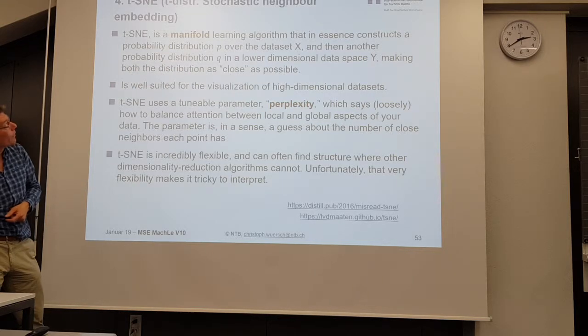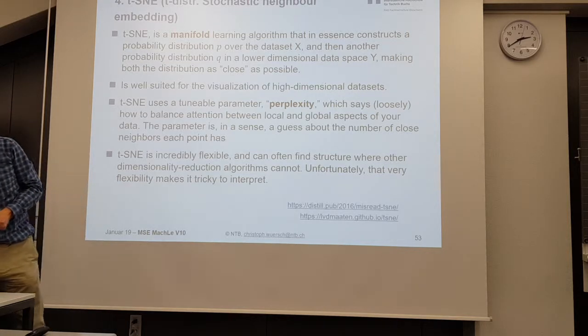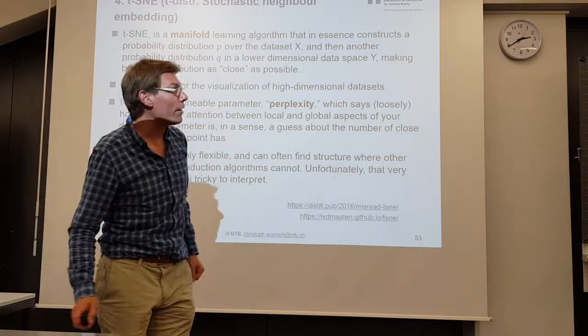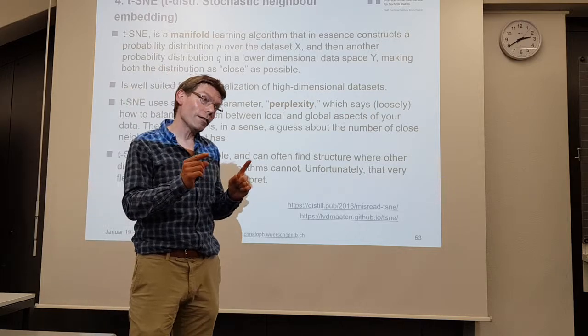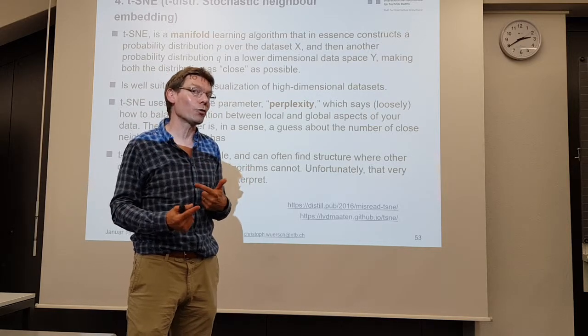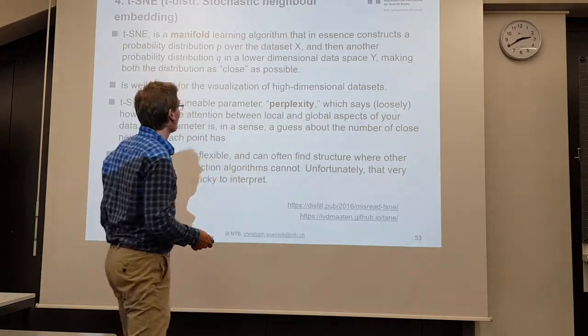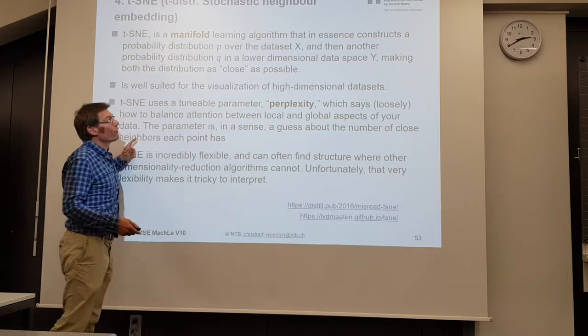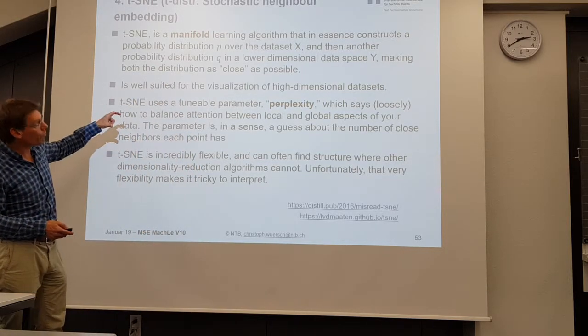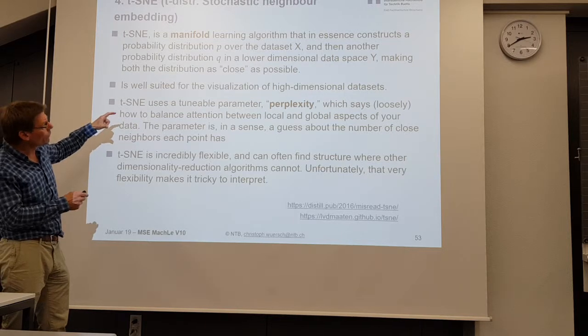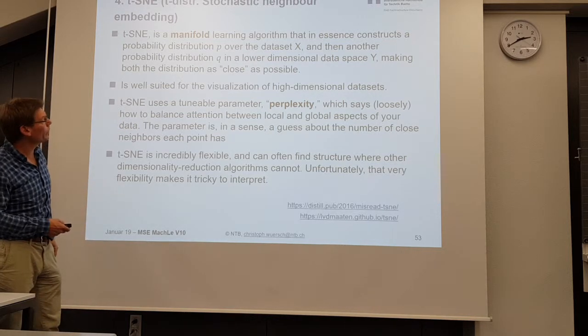Now the last method is t-SNE. It's a manifold learning algorithm which is based on matching not only distances but probability distributions. That's a stochastic approach. It tries to keep close points as close as possible and far points as far as possible.